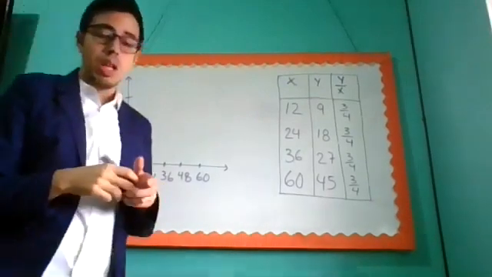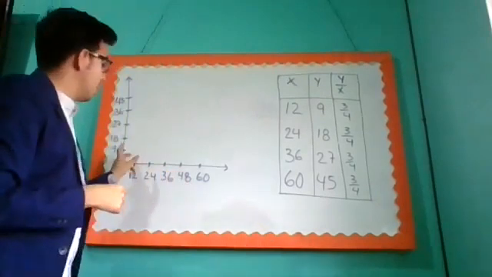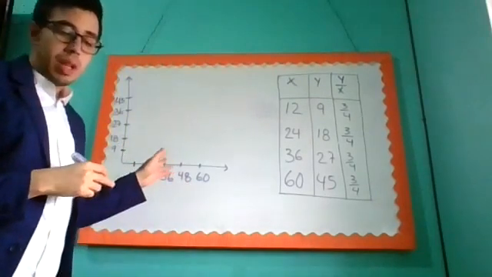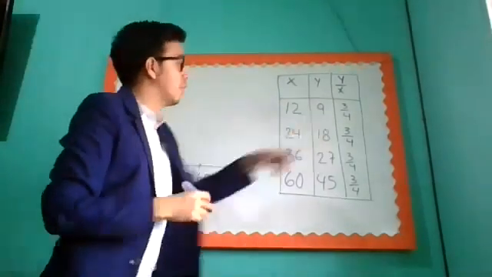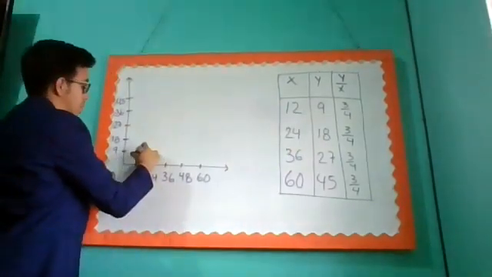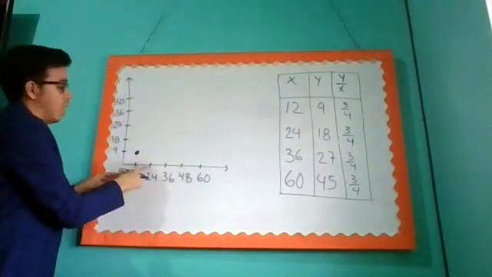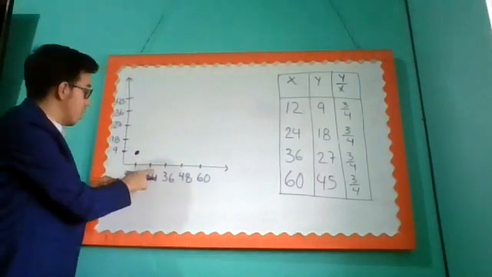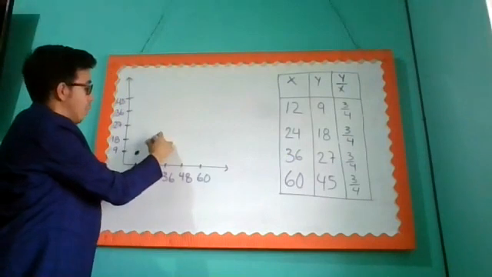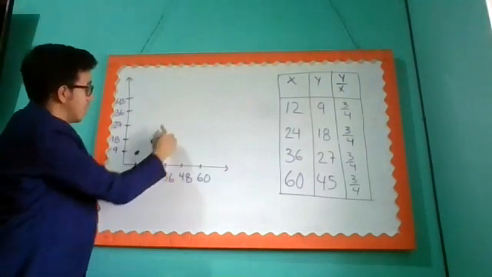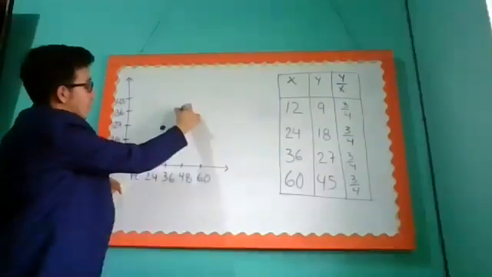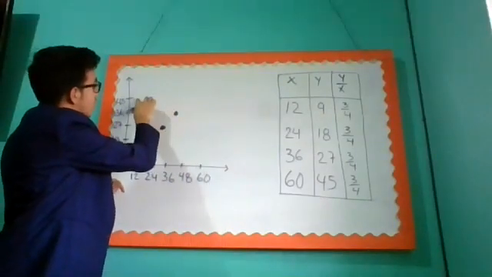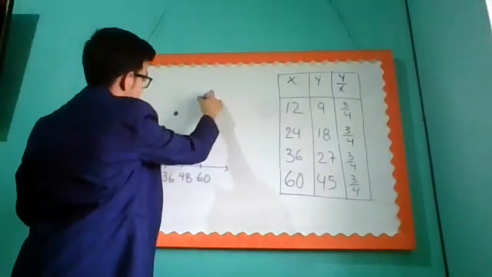So we need to place the points where they belong. When you have 12 for x, you have 9 for y. You place the point here. When you have 24 for x, you have 18 for y. When you have 36, you have 27. 48 goes with 36, and 60 goes with 45.